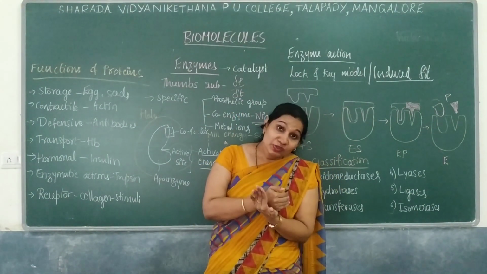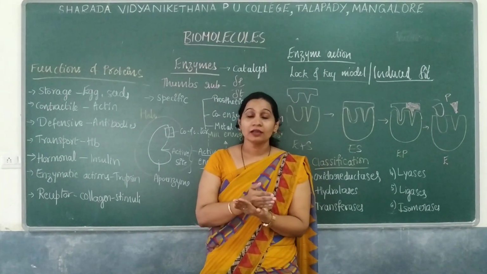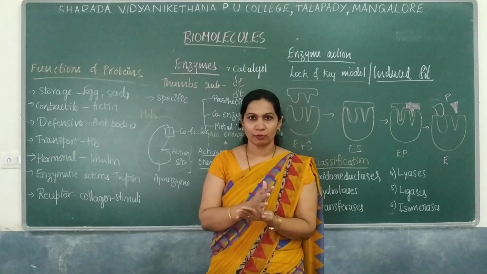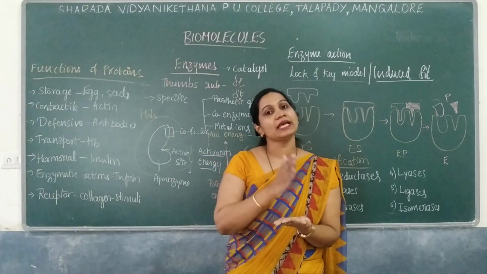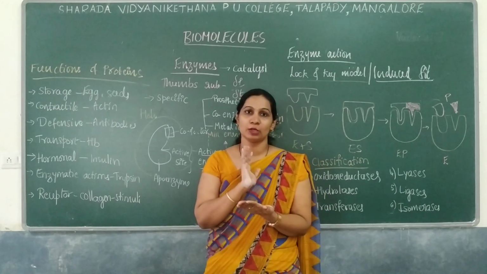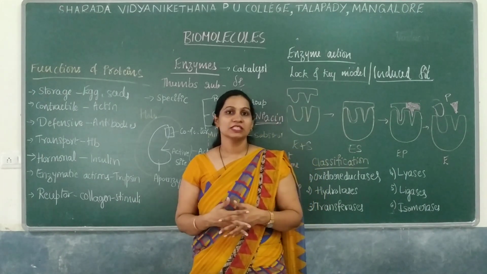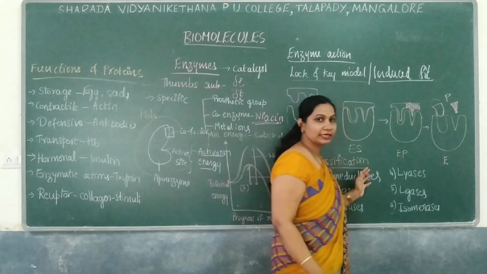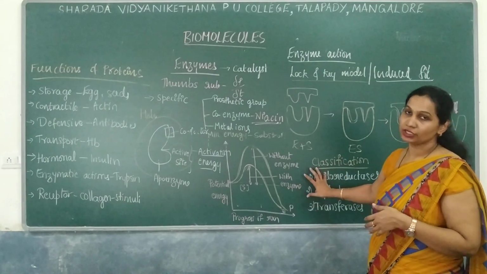In the absence of this enzyme, in 1 hour, 200 molecules will be formed. So this is the effect of enzymes, how they speed up the chemical reaction. So that is regarding their classification.